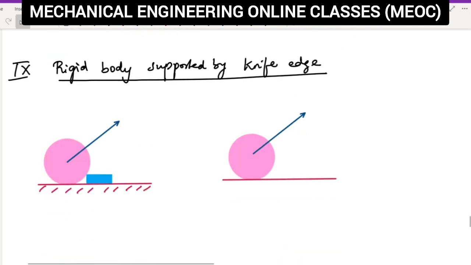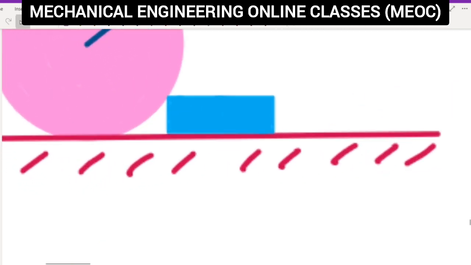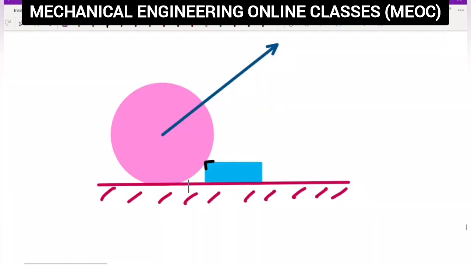Rigid body supported by a knife edge. The knife edge here is this one. Here this is acting as a knife edge. So now, for example, there is a force P acting at an angle theta. Let this C be the center.